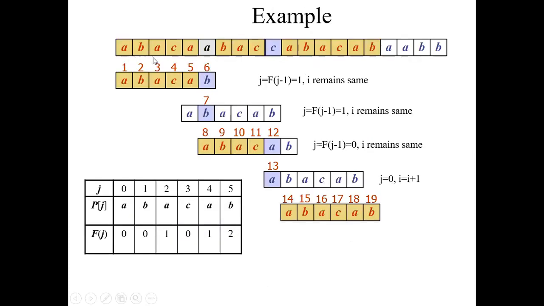Till here I told A, B, A, C, A, B, A, C, C. So let us check for the first one. So A, B, A, C, A, B. So my I value goes 0, 1, 2, 3, 4, 5 and J is till 5.